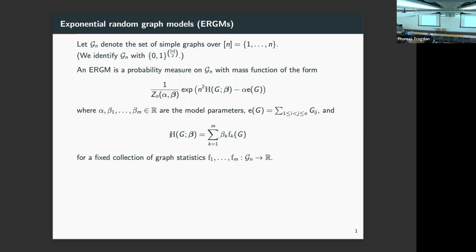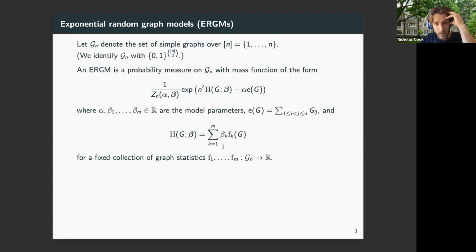Okay, and the Hamiltonians take this form. I mean, any measure you can sort of write as the exponential of something, but the Hamiltonian has this sort of form for the case of ERGMs. It's a linear combination of some collection of graph statistics that you're interested in, of sort of giving preference to or trying to suppress.